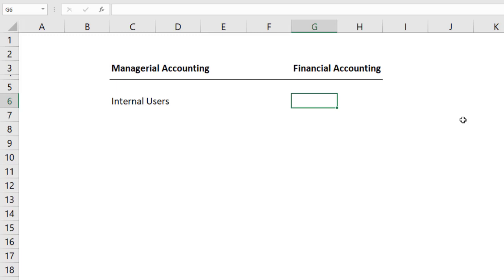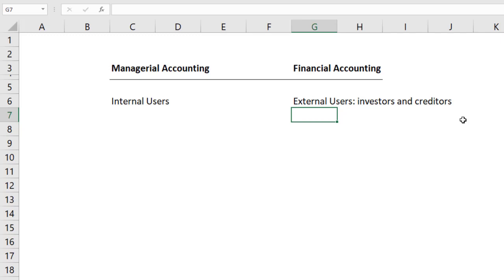Financial accounting focuses on external users. By external users, we're chiefly talking about investors. By that I mean shareholders, stockholders, and creditors, banks or other lending institutions, or really anybody who lends the business money. So the user really creates all the differences between managerial and financial accounting.